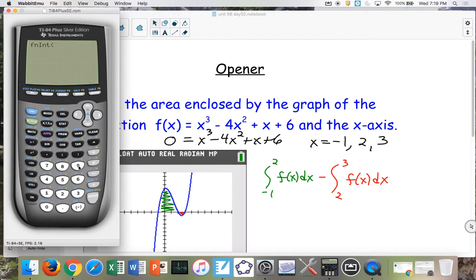I'm just going to punch in my function right here: x cubed minus 4x squared plus x plus 6, comma, my variable with respect to x, comma, my lower bound, -1, comma, my upper bound. So I get 11.25.